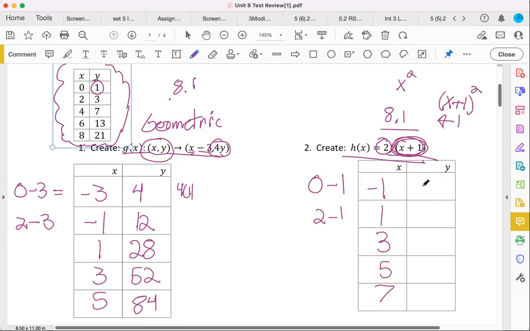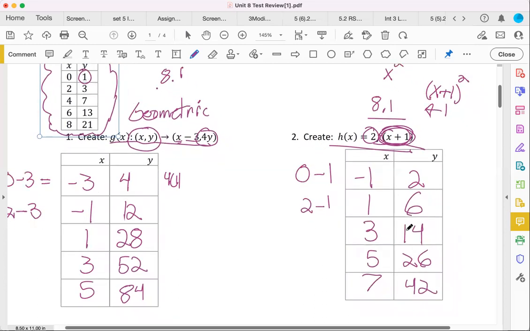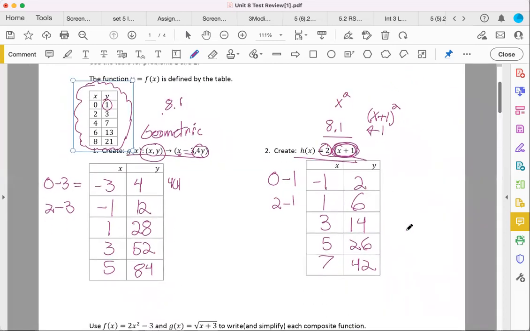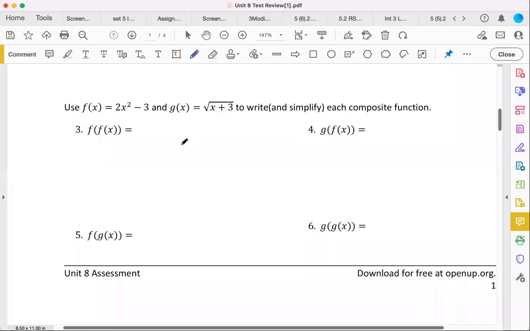So 2 times 1 is 2. 2 times 3 is 6. 2 times 7 is 14. 26, 42. Hope that makes sense for this one. Again, if you're stuck on this, I would look back at what you did in 8.1, comparing functions to the original parent function. I think if time permits, I'm just going to do every other problem or so.